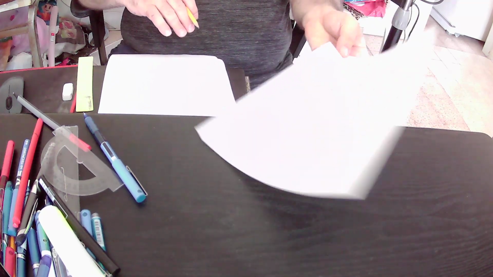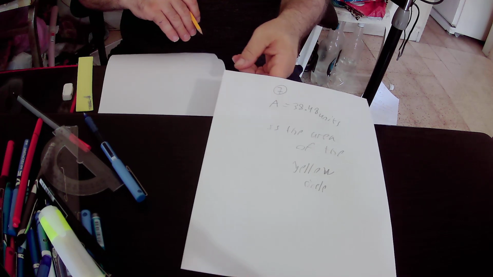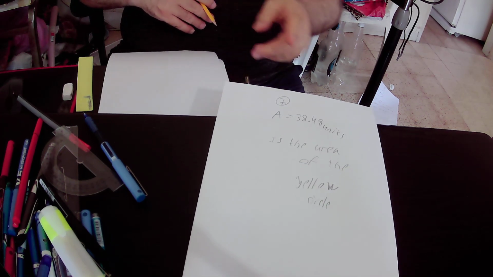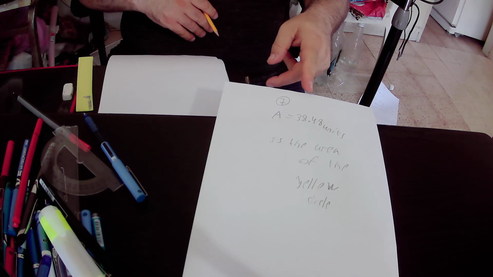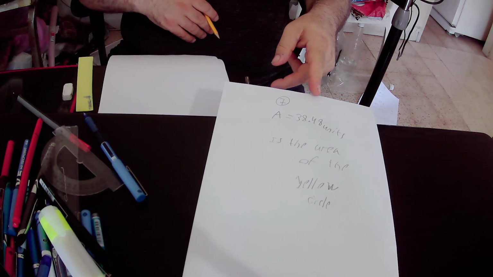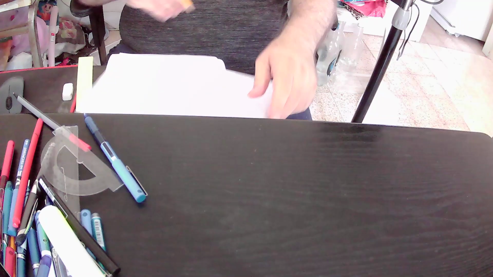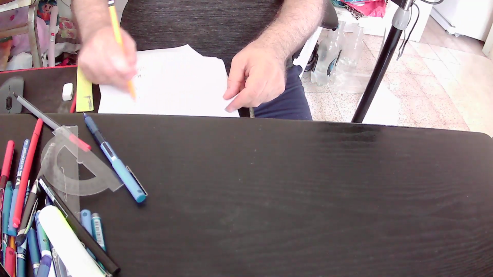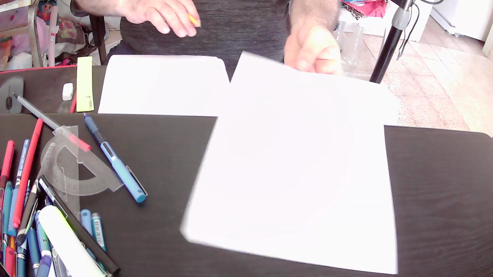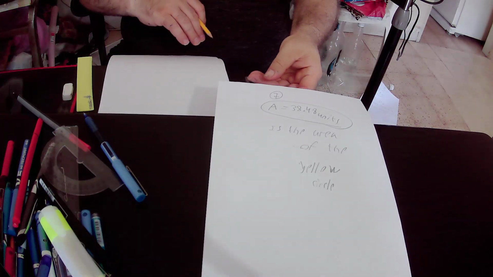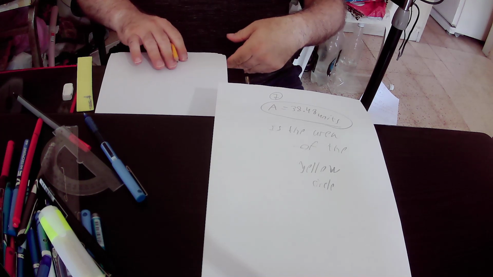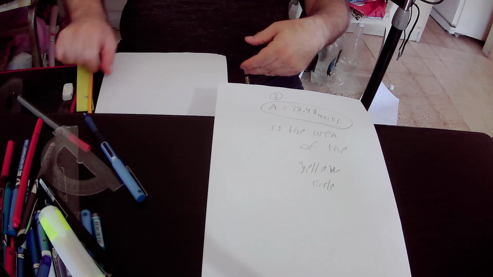Pi times 12.25 equals 38.48 units. So the area of the yellow circle equals 38.48 units. Okay, so now I will summarize the lecture.